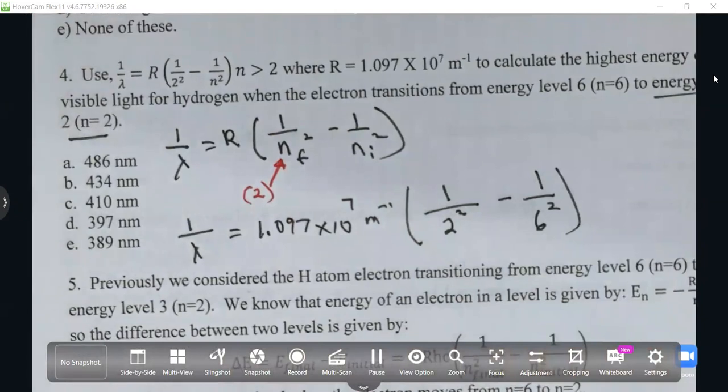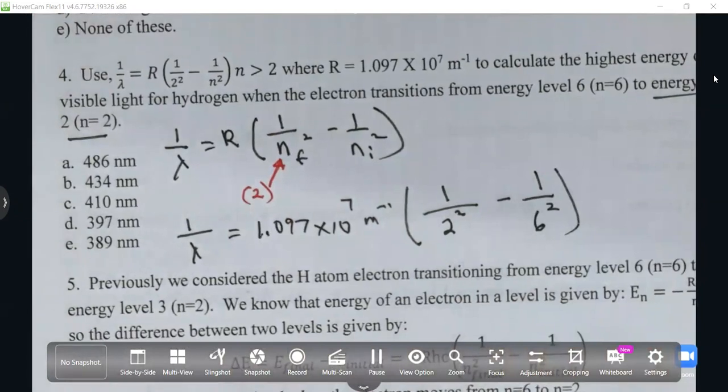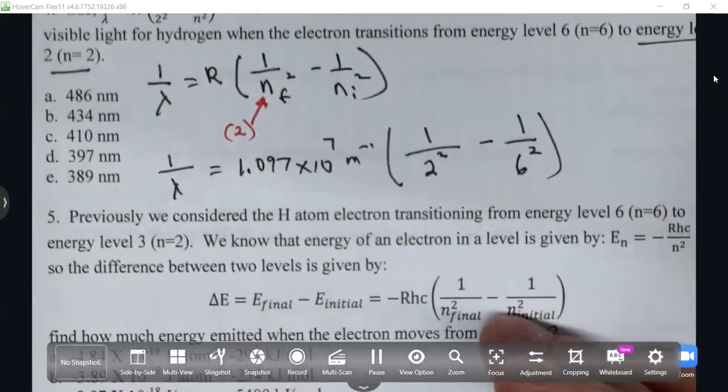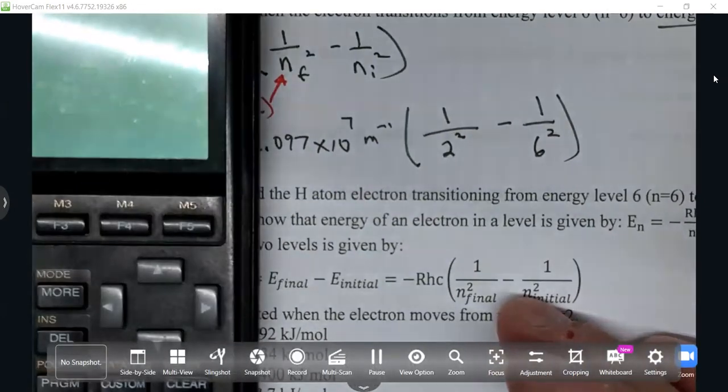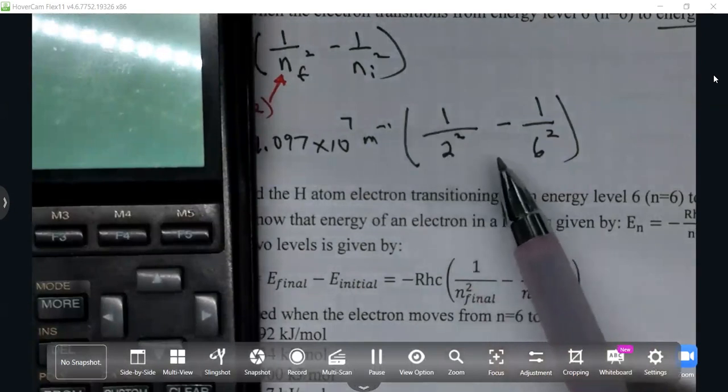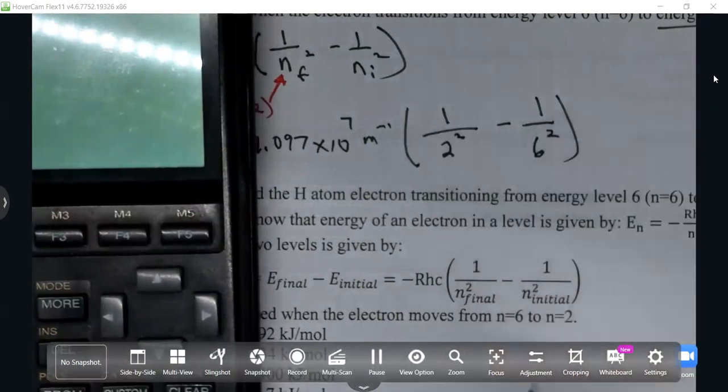So now grab your calculator. And let's do your parentheses here first. So in your calculator, you should be able to go 1 divided by 4 minus 1 divided by 36. So take your calculator, 1 divided by 4 minus 1 divided by 36.